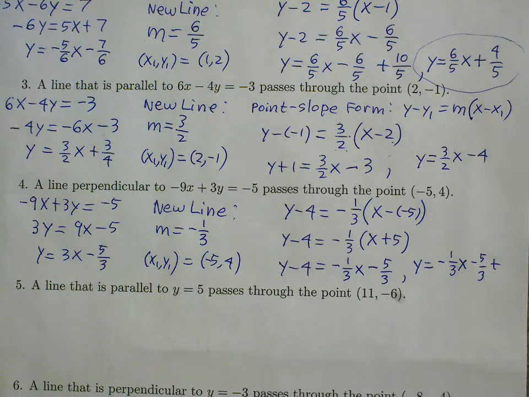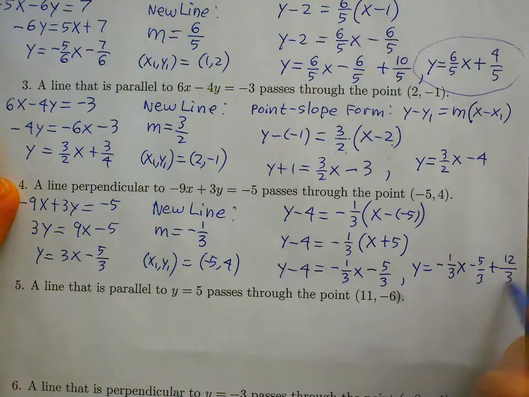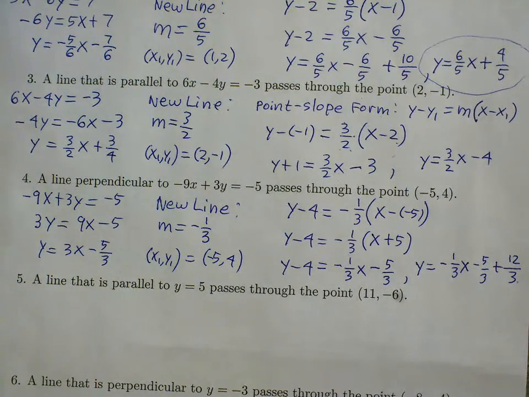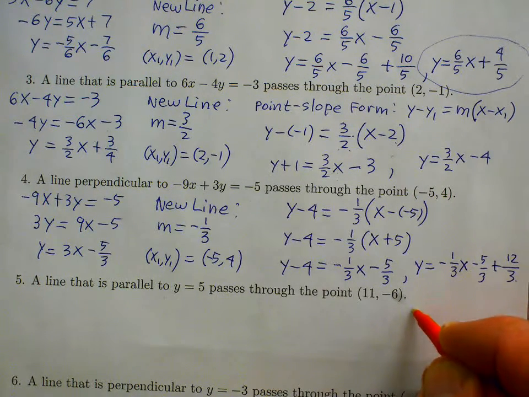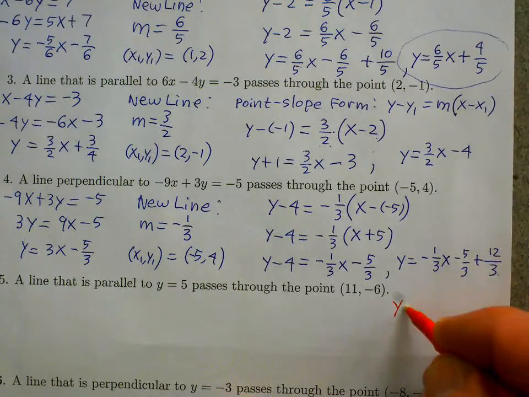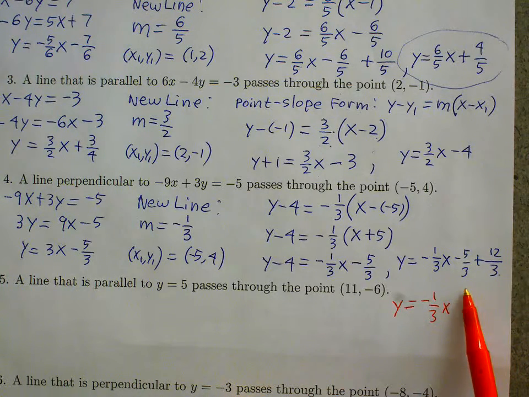So plus 12 over 3, right? Plus 12 over 3, because 12 over 3 is equal to 4. And then we'll borrow some space from below. So the equation of this line is y equals negative 1/3 x, and then minus 5/3 plus 12/3 is equivalent to plus 7/3. So there's the equation of the perpendicular line.